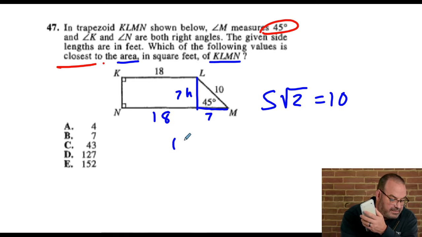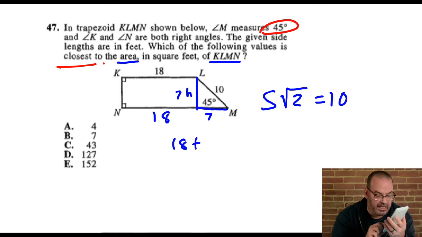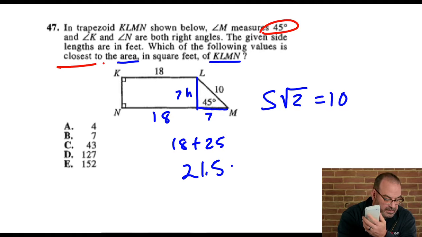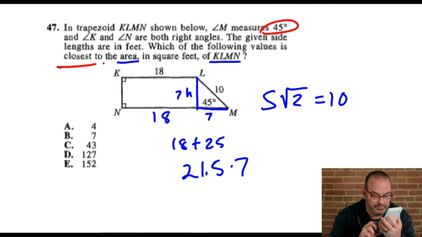So 18 plus 18 plus 7, 25. 18 plus 25 divided by 2 equals 21.5 times 7. 150.5 is what I came up with.